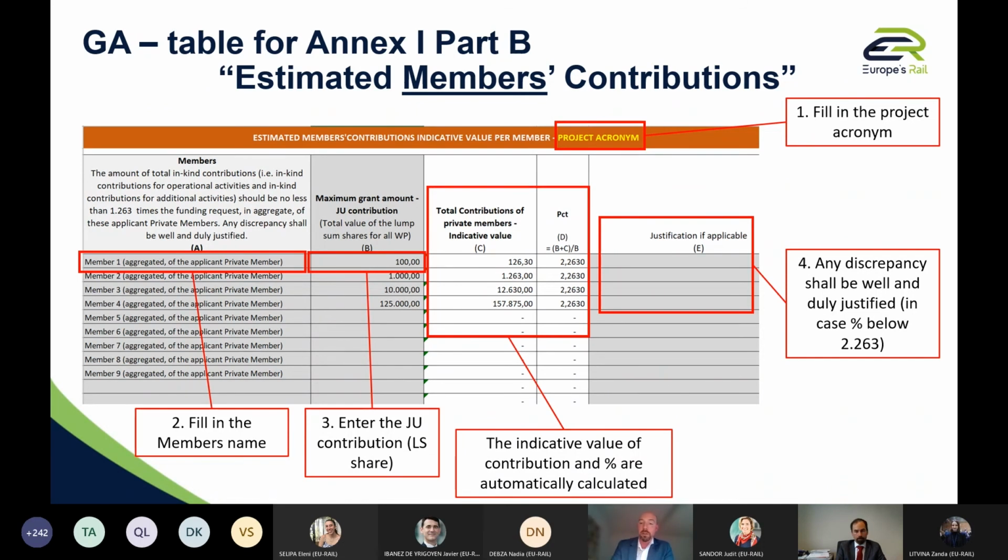So if one affiliate entity contributes at 100%, there may be an agreement with the other members or the affiliate entities that they may participate in IK, for instance. And in case you are changing the value of column C higher, no problem. Lower, then you need to provide justification as applicable.